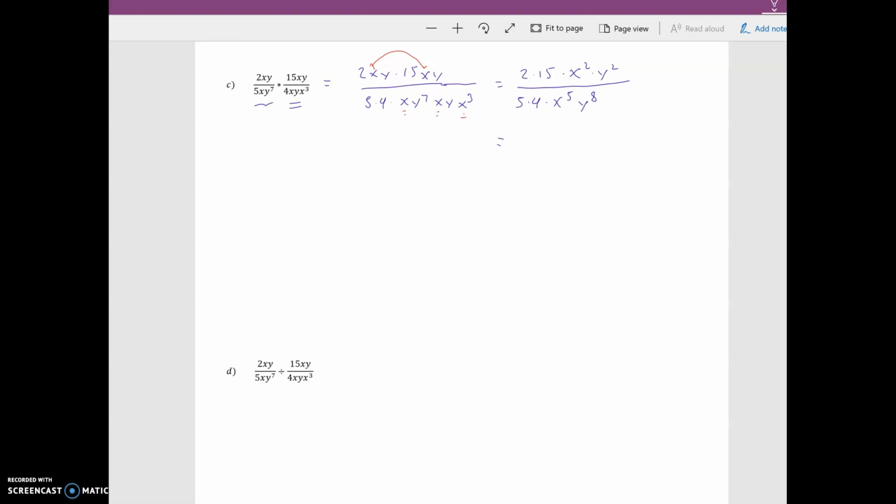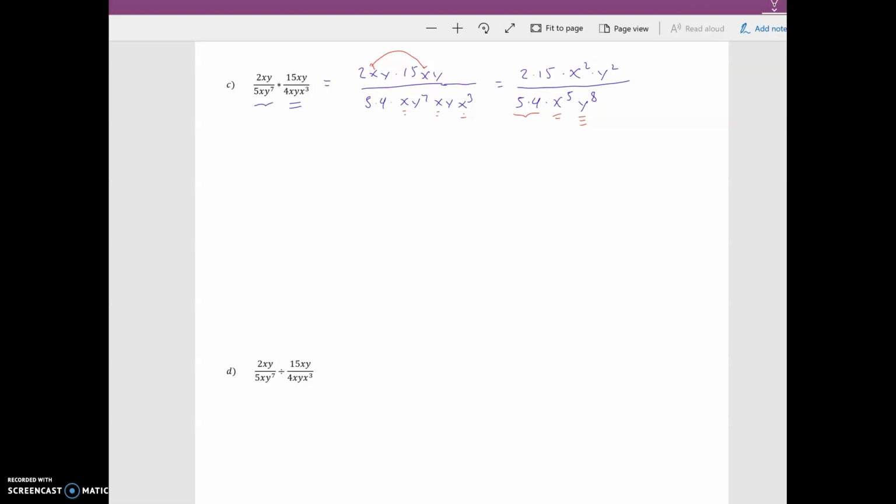Now, the next step in the simplification is going to be to combine your constants, and then also the x's and the y's. So let me cancel common factors for the constants.